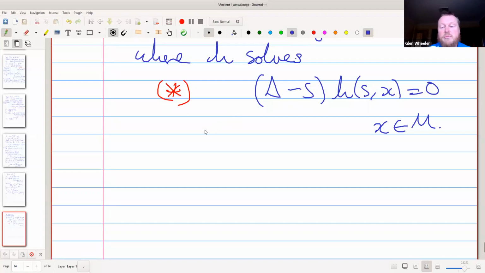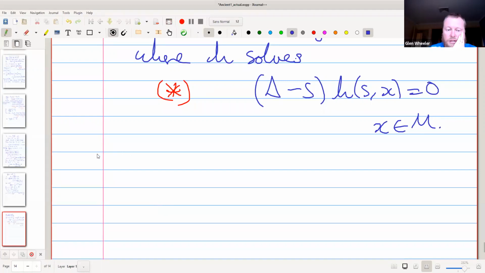But plenty of people have worked on it, and so if I can do it in 5 minutes, I'd like to just summarize the statement of what happens on a Riemannian manifold, but not go through the details.